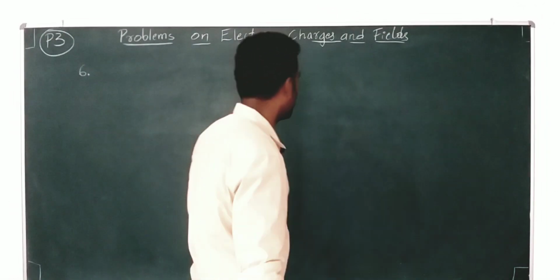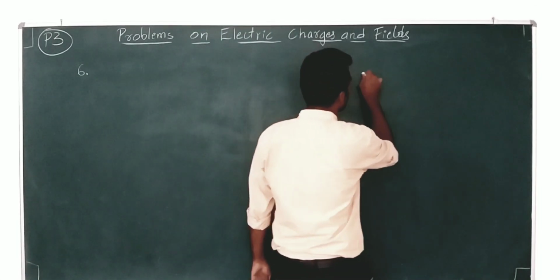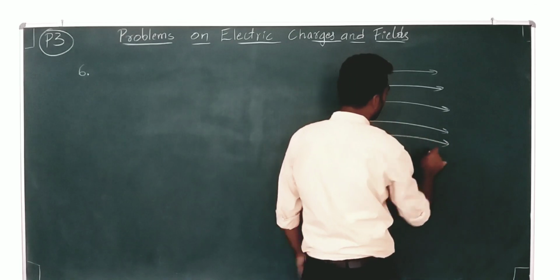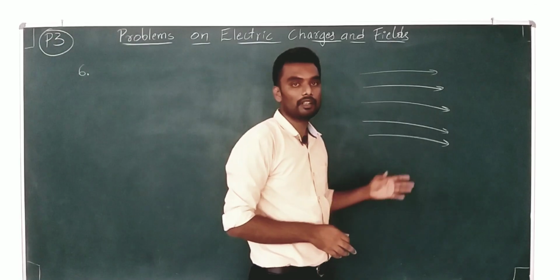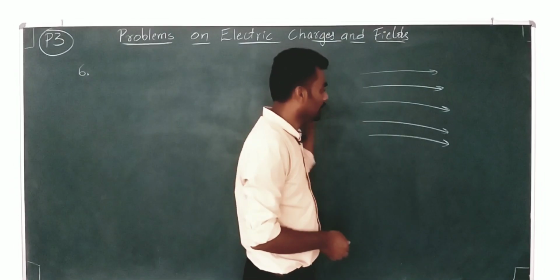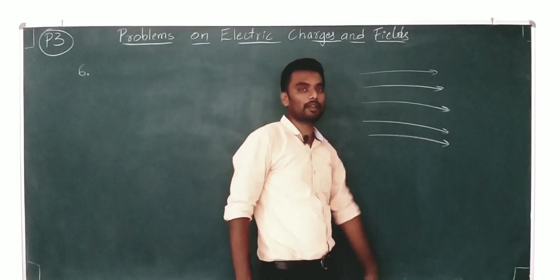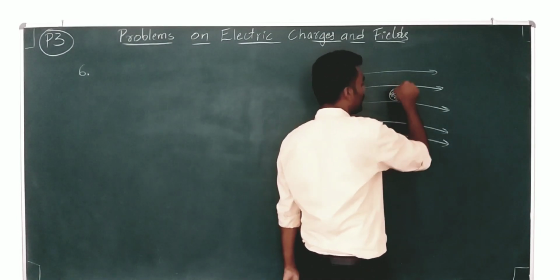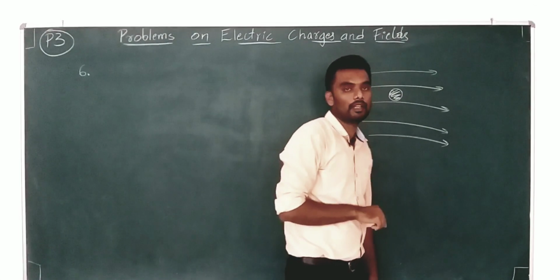So you have a charge placed in an external electric field. Okay, so you have an external electric field present already in a region. This field may be due to a charge which is situated somewhere there, or some negative charge situated there, and what you have is a charge placed in this electric field.